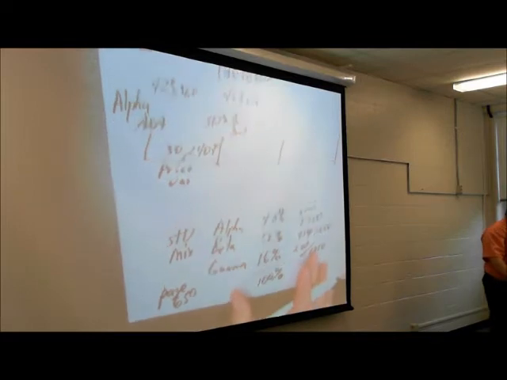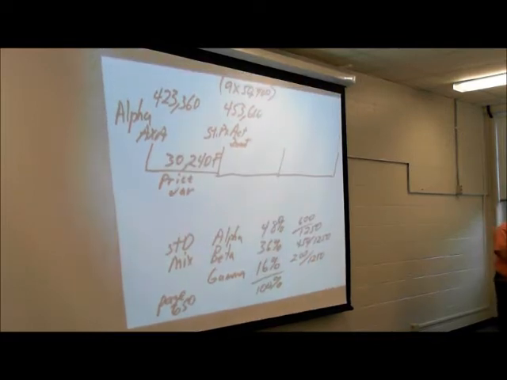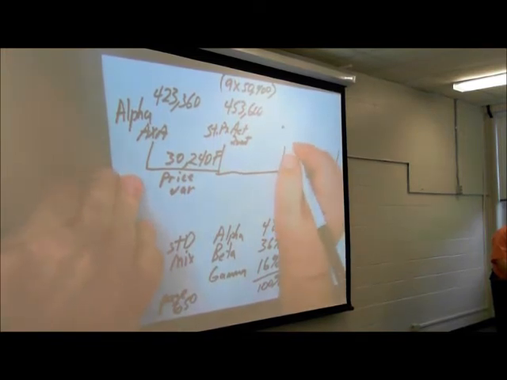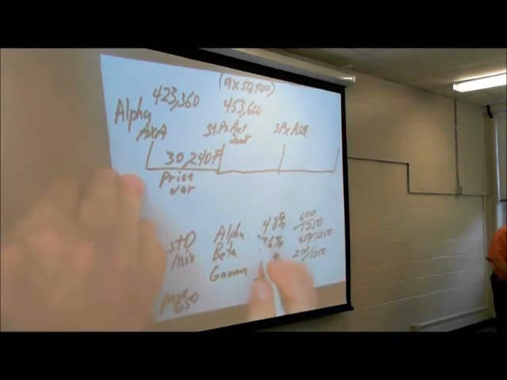Now, let's go back up here and find our standard price times our standard quantity, what it should have been. Again, standard price times AS cubed. And you say, what the heck is that?